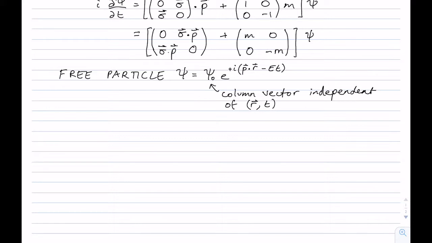So plugging that in, I will get E psi naught is equal to, I'll just add up these two matrices, m plus sigma dot p, minus m, times psi naught. Now sigma dot p is not very complicated, but we can make this even simpler by letting p be in the z direction.